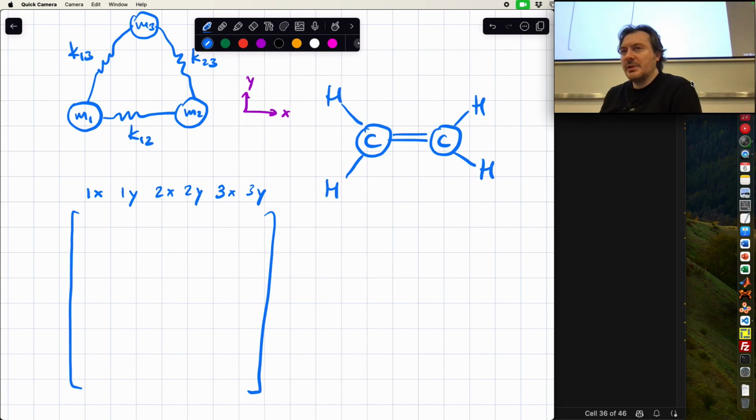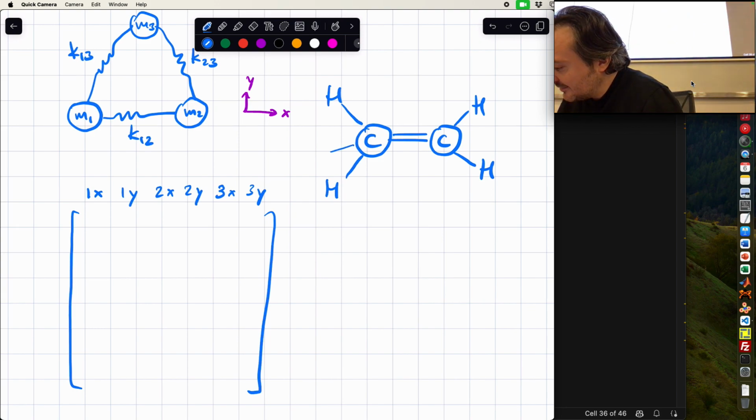How many modes would it have? Depending on whether we take it planar or not. Let's not take it planar. Let's make it ethane.